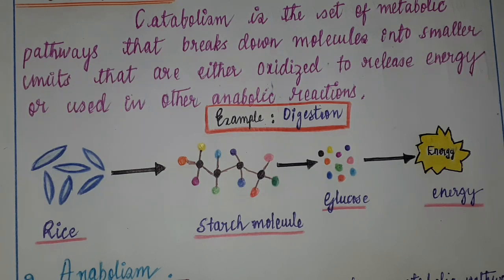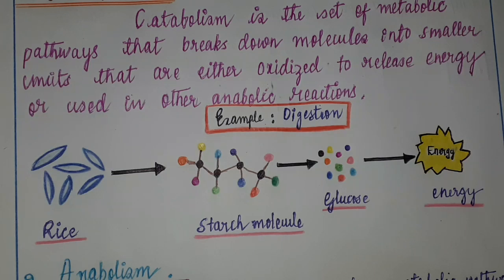So what is happening here? Due to enzymatic action, rice is breaking down into its smaller units. This glucose molecule is the ultimate smaller unit, right? This smaller unit will oxidize to release energy.